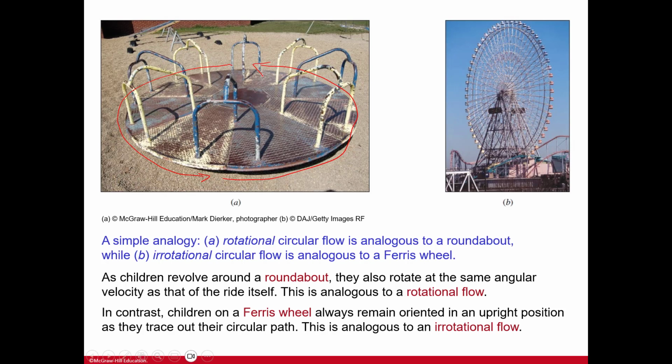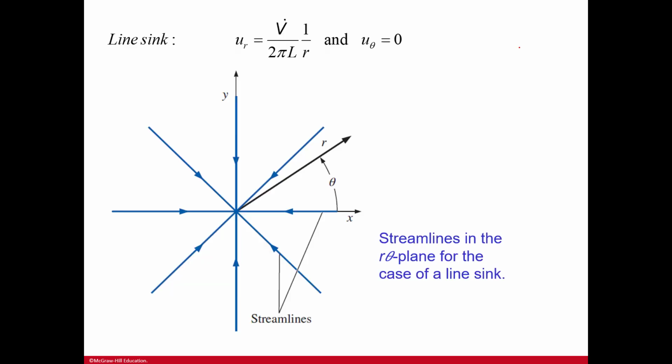As children revolve around the roundabout, they also rotate at the same angular velocity as the ride itself, and that's the rotational flow. But when you're talking about a Ferris wheel, that's more end over end, they always remain oriented and upright, and they trace out their circular path. So that is an irrotational flow.